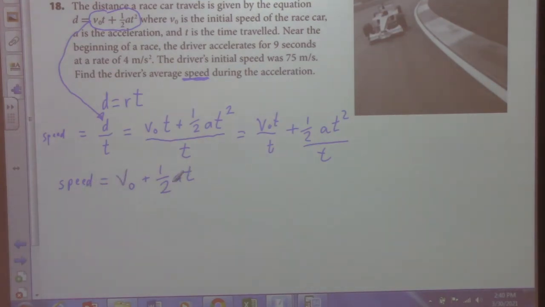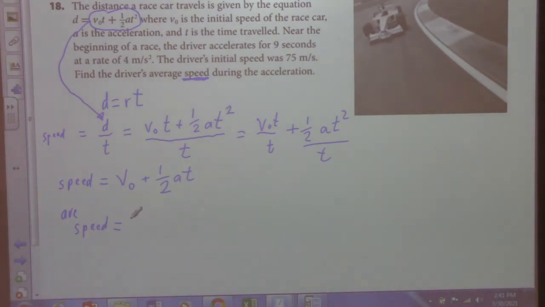So now we have our formula. So how do we find the average speed? Well, speed is going to be equal to, I would say, average speed at this point. So what numbers do we have here that we can plug in? 75. What does 75 represent? The initial velocity.